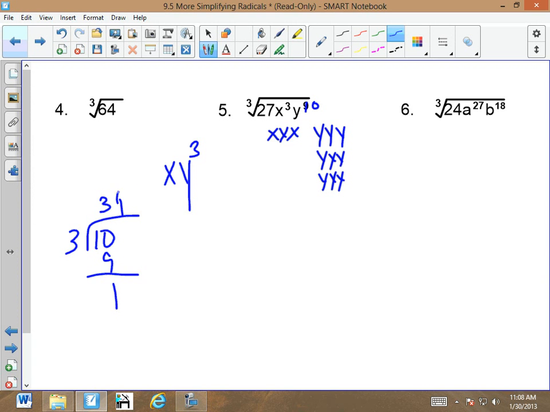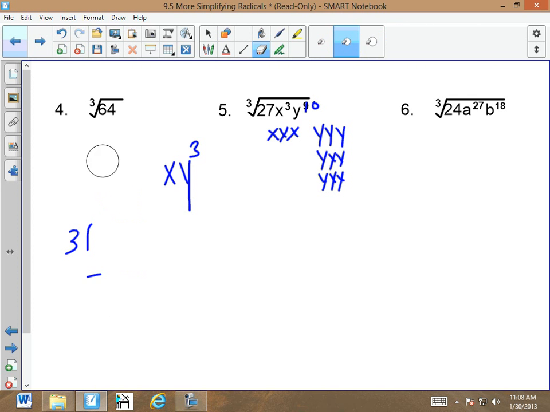This is back in 3rd grade. Now, if this was to the 10th power, how many y's would have to stay in? No, just 1. Just 1. Because you only have a remainder of 1.